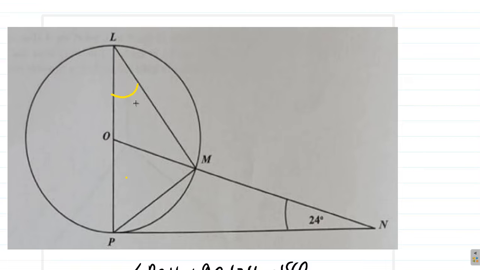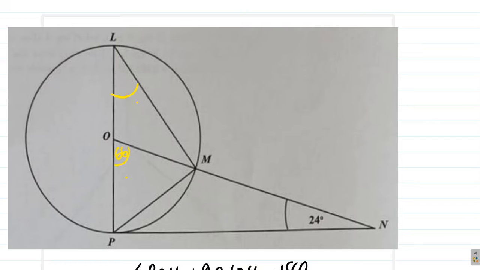Now, let's look at this. PLM. Suppose you consider, first of all, we might make use of the 66, so let's put back the 66 here.